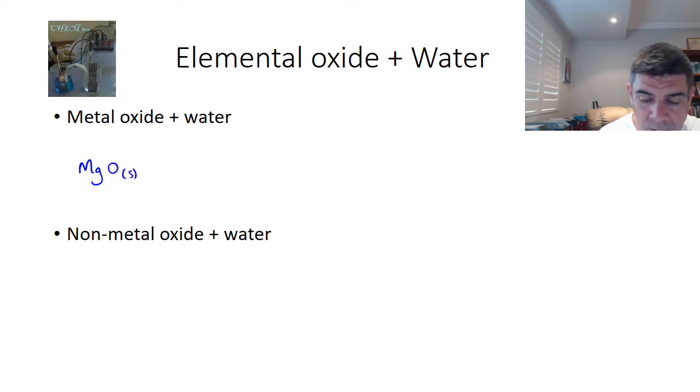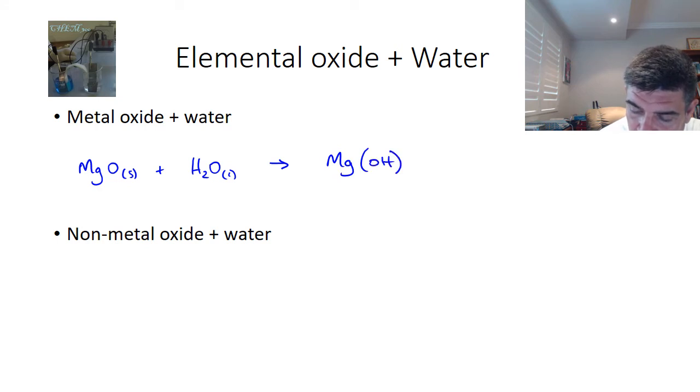So our metallic oxide was magnesium oxide. It's a solid. What happens when we put that into water is we produce magnesium hydroxide, Mg(OH)2. Nicely, this one is also balanced. It's aqueous. One of the things that we notice is that in the presence of a universal indicator, this would indicate a basic solution.